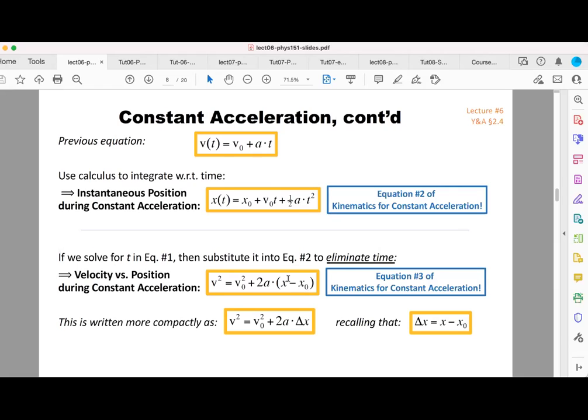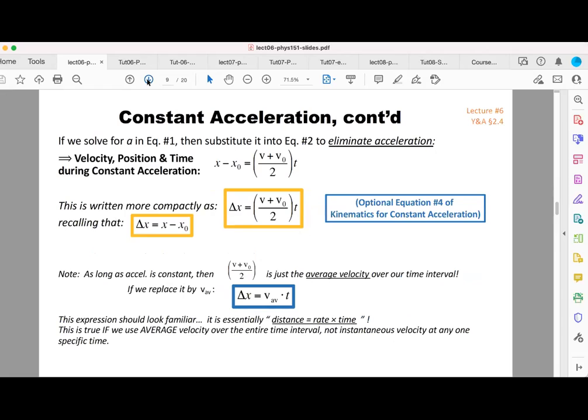So if you know the displacement, this is the equation that you want to use. And it is v squared equals v naught squared plus 2 times the acceleration times delta x. You need to recall that delta x is always x final minus x initial. Then, in this case, we can again rearrange these equations and also have that delta x is equal to v plus v naught divided by 2, multiplied by t.